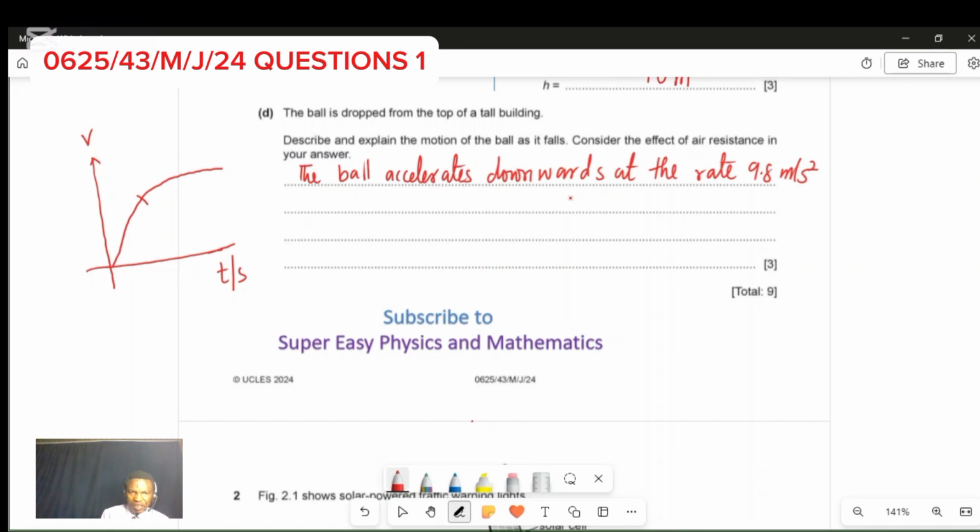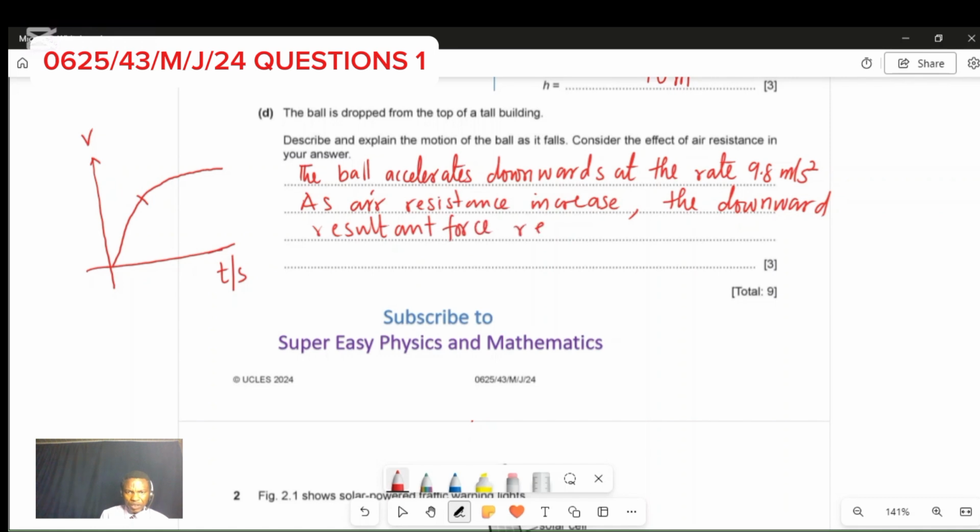Then, as air resistance increases, the downward resultant force reduces. So the downward force is the force that will be pulling on the ball.